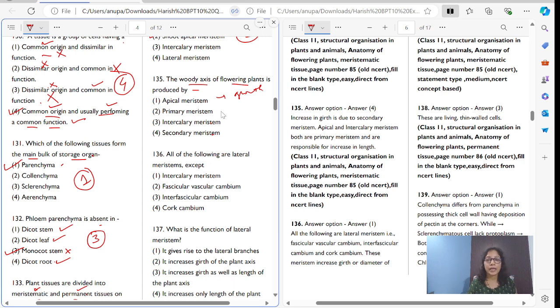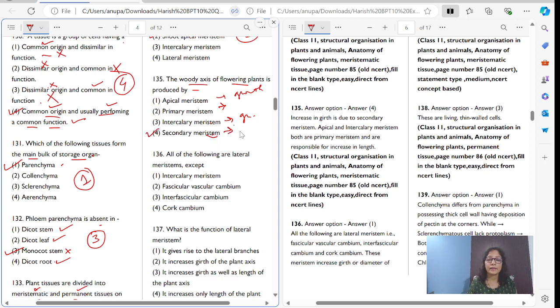The second one is primary meristem. Primary meristem is also not the right answer. The third one is intercalary meristem. Intercalary meristem helps to increase the growth as well. And the fourth is secondary meristem. This is the correct answer.